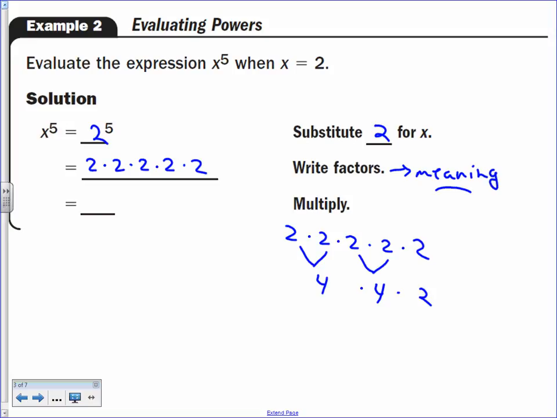Then bring my 2 down. 4 times 8 is 32. Real simple. So a couple different options that you can use to help you evaluate those. It's pretty simple, right? Yes.